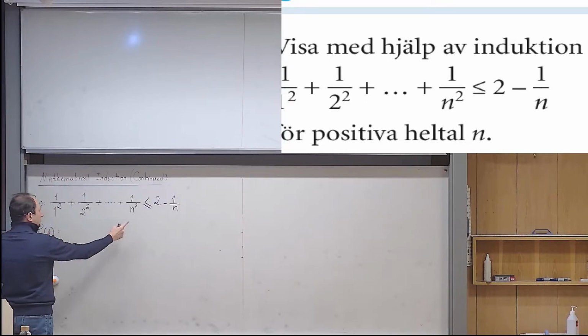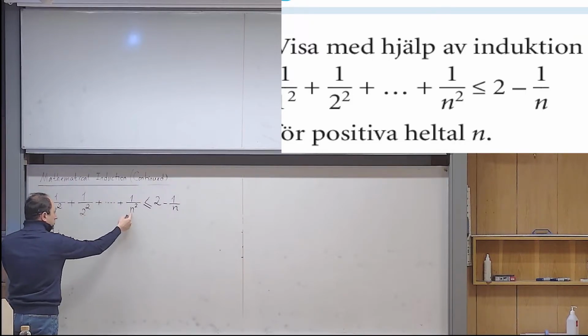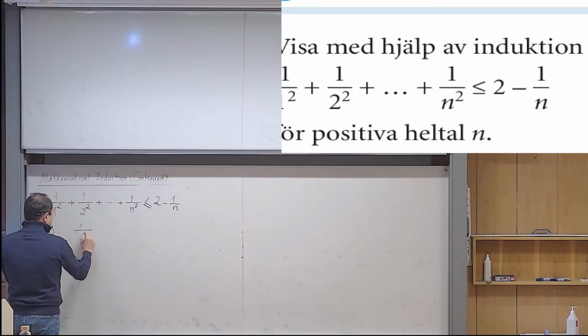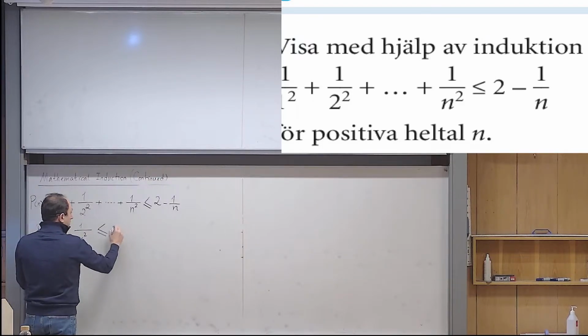Okay, what will happen for the left-hand side? If I give you n, you start from 1 to power 2, you increase it one step at a time, 2 to power 2, until you reach n to power 2. But when n is 1, you just start and stop, yes? So this becomes 1 over 1 to power 2 is less than or equal to, instead of n, I put 1.